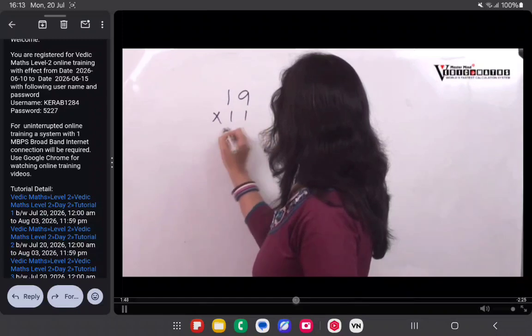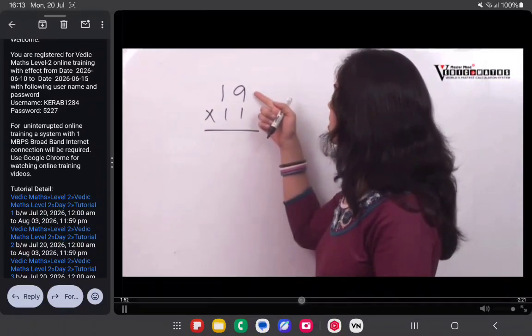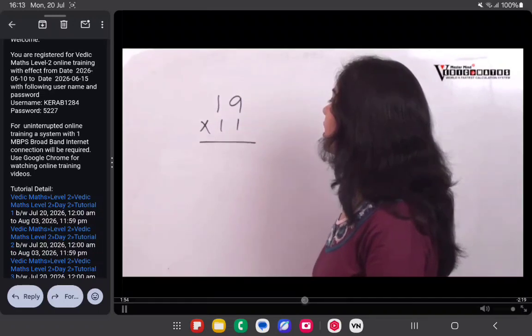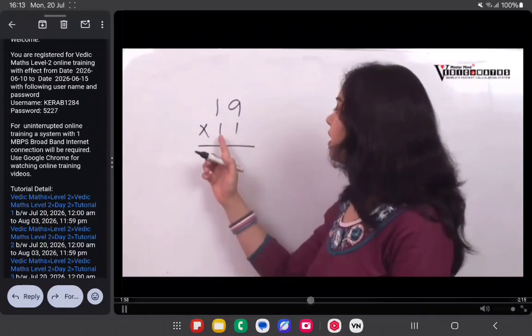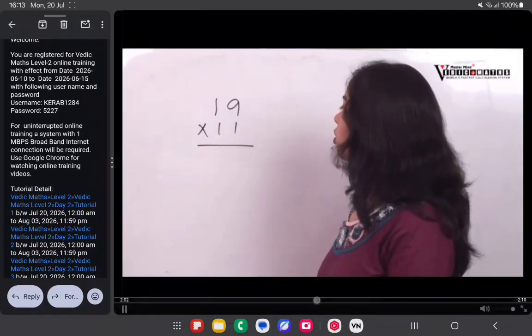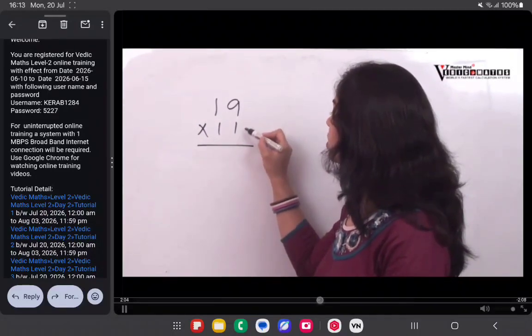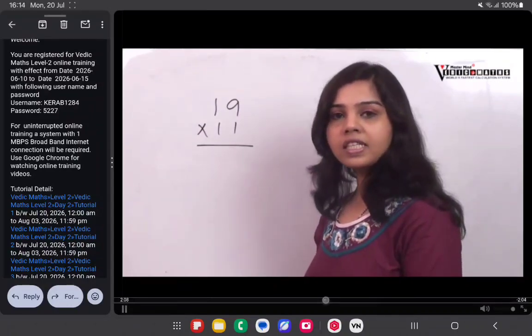Our question is 19 into 11. We can see the sum of the digits at unit place is 9 plus 1, that is 10, and digits at tens place are equal, 1 and 1. Our process is to multiply the unit digits, that means 9 into 1, which is 9.